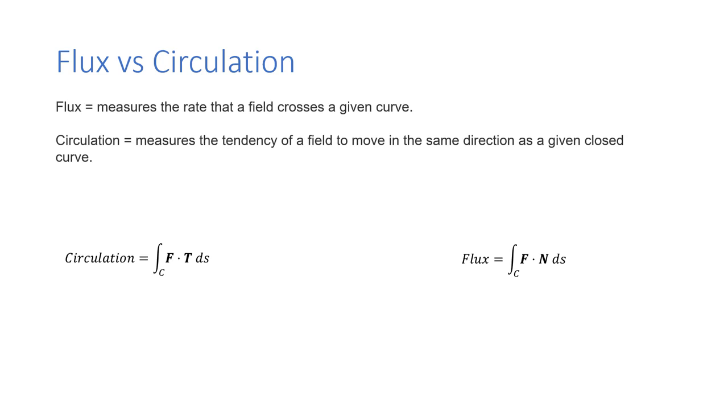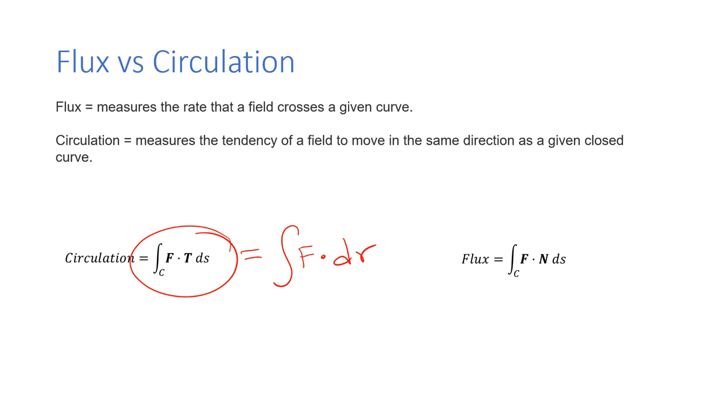Whereas the flux measures the rate that a field crosses a given curve. So how much of that vector field is actually crossing our path is flux, versus moving along the path would be circulation. And so all of the integrals that we have found so far were technically circulation integrals. So this F dot T ds, we had learned earlier, this is what our F dot dr integral is.